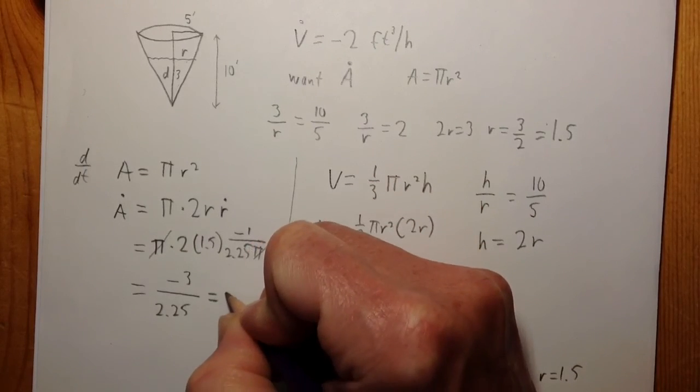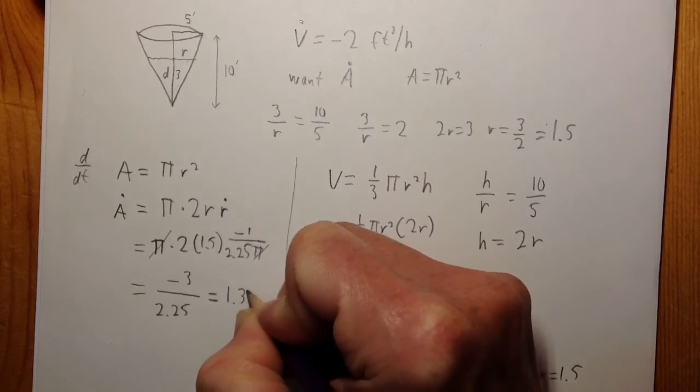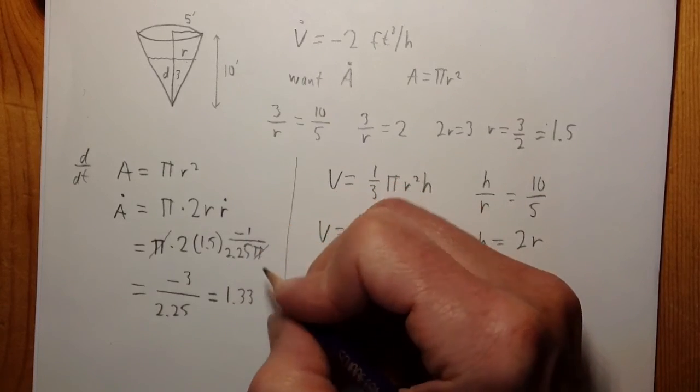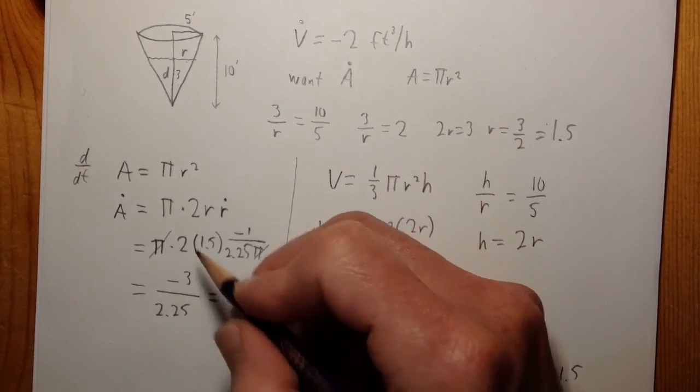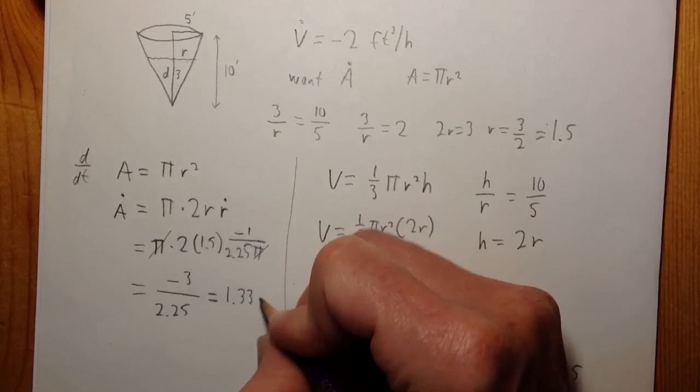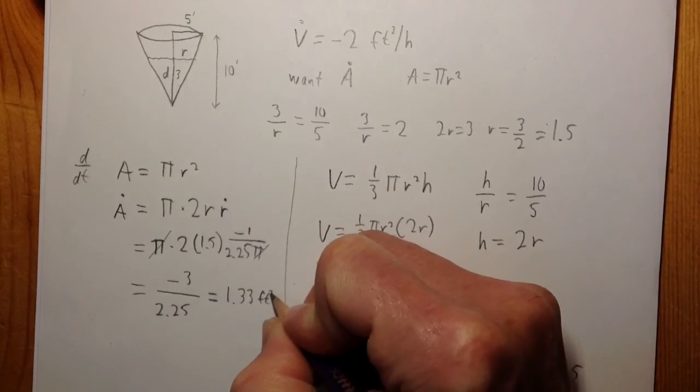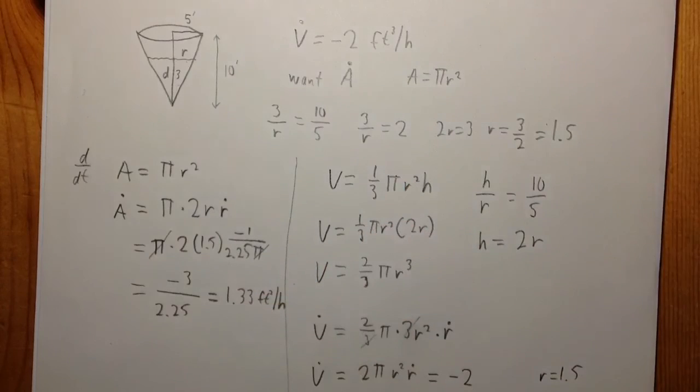So I get 1.33 forever. And that would be how fast the area is changing, so that would be feet squared per hour. So that's 1.33 feet squared per hour.